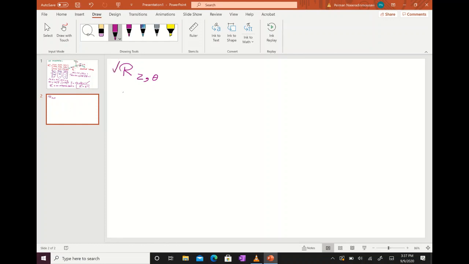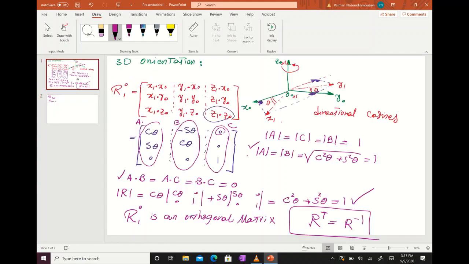For example, if I say R of z and 0, that's right. So what can happen, guys? Look at here. There's no rotation. So your new frame is going to be exactly at the old frame. Your frame 1 is going to be exactly frame 0.